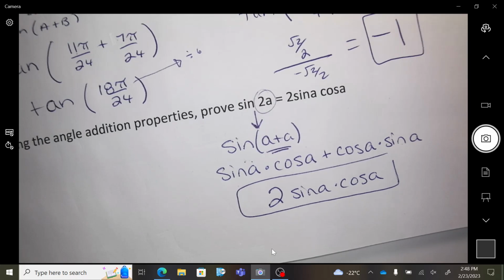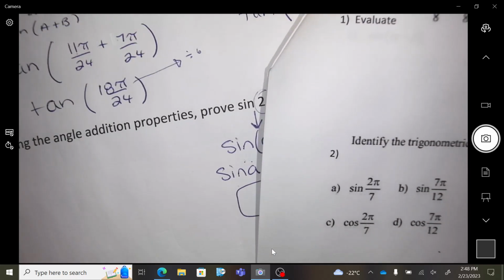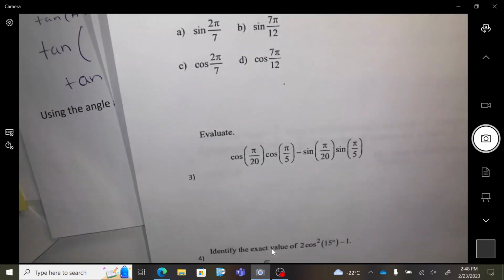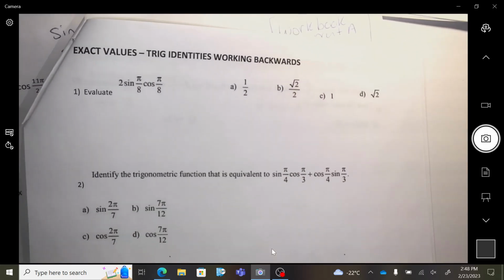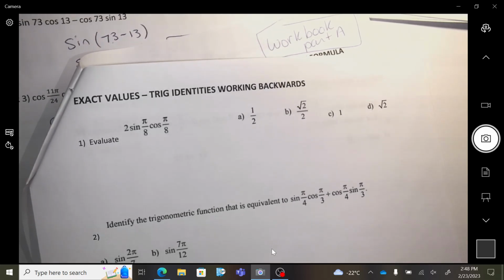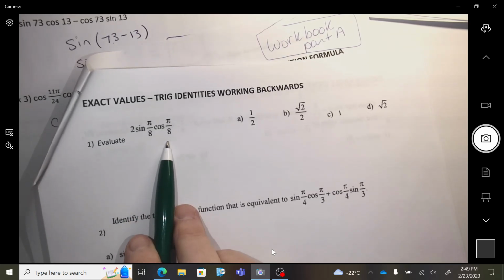Oh gosh. Okay. I'm going to do one with you here, on page 3. Okay, so this says 2 times the sine of an angle, cos of an angle.